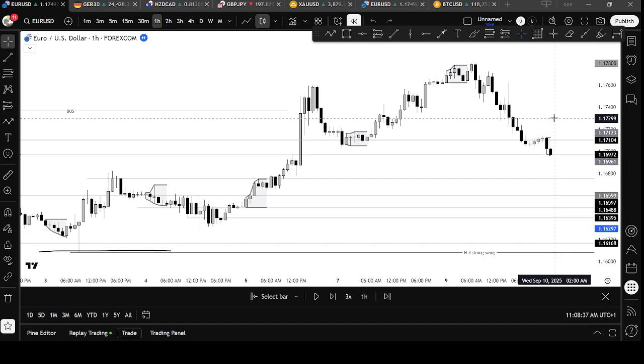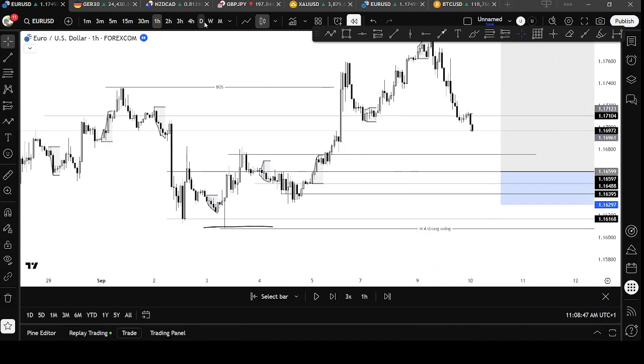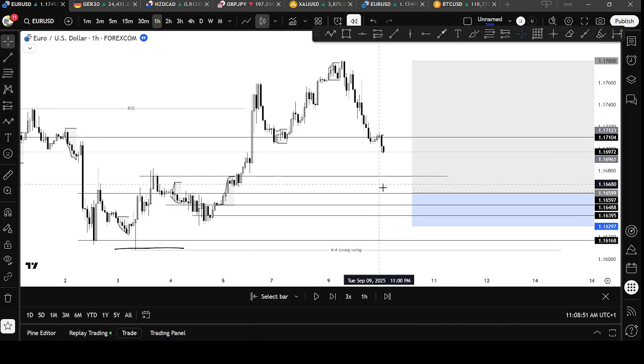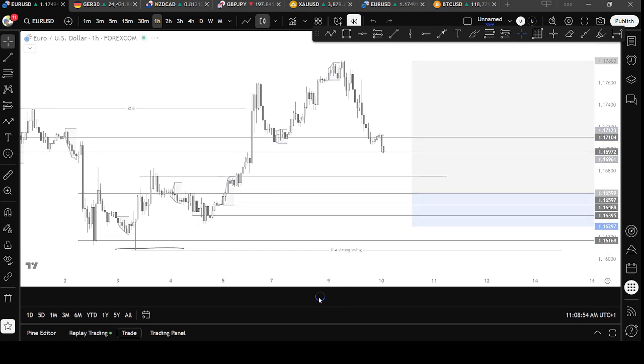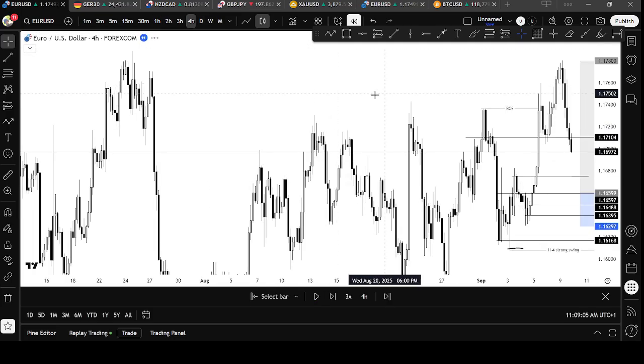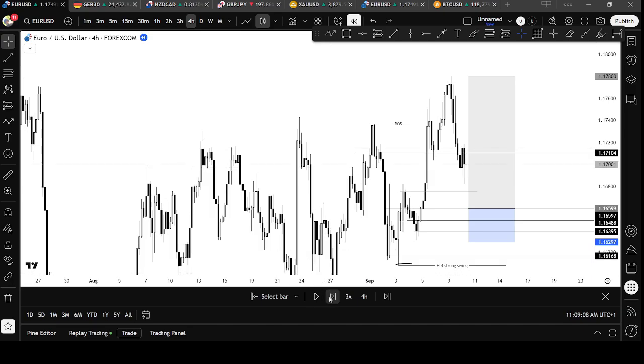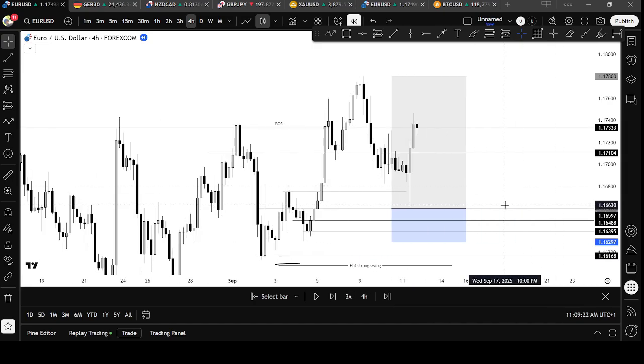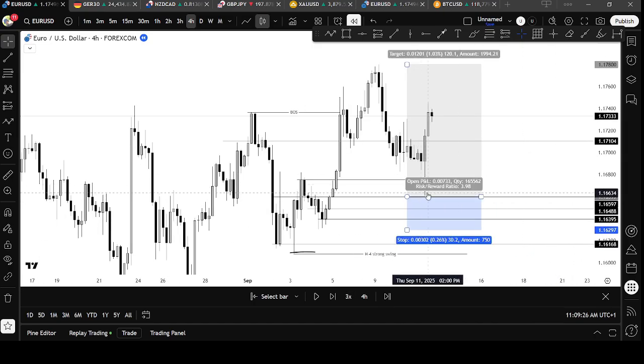There are entry models to this, but this is just for this example. I just want to show you guys how it works. So let's wait and see what price will do. I hope you see, in this case price didn't tap us in.